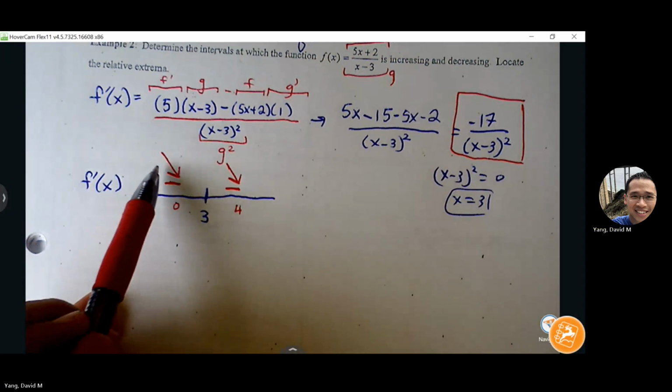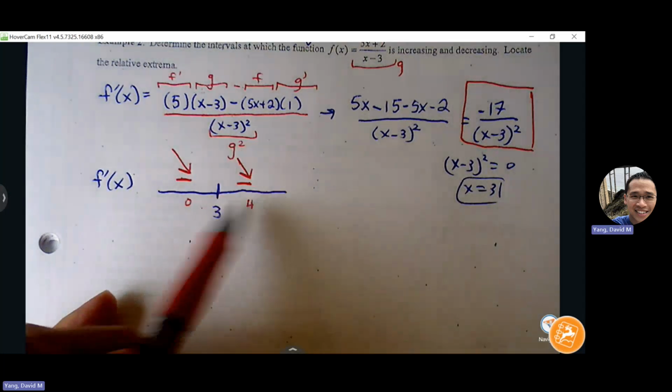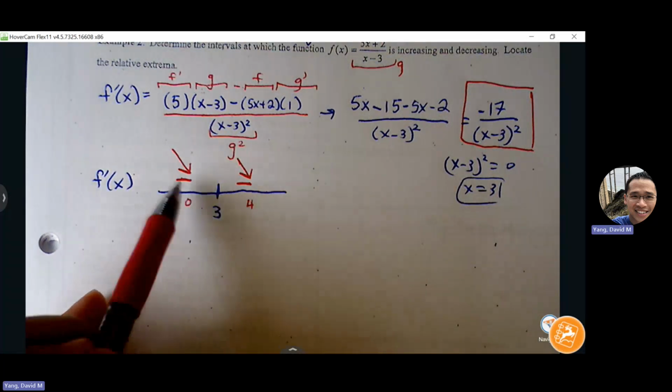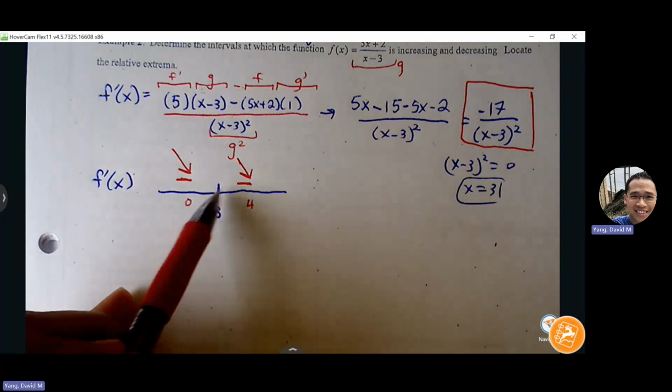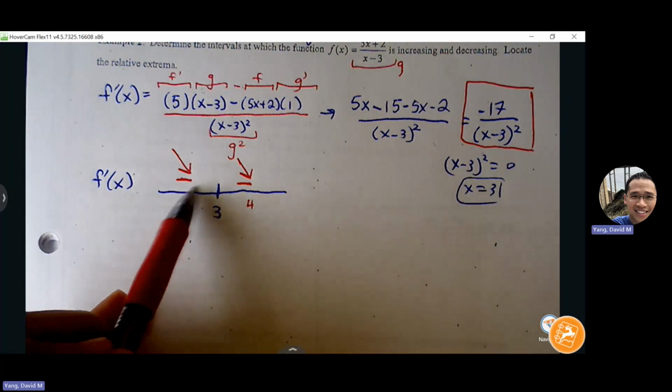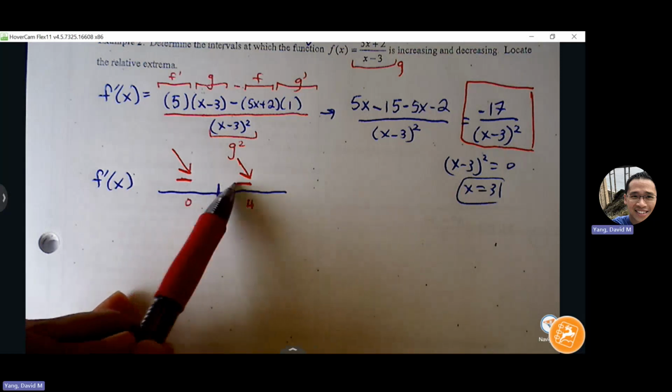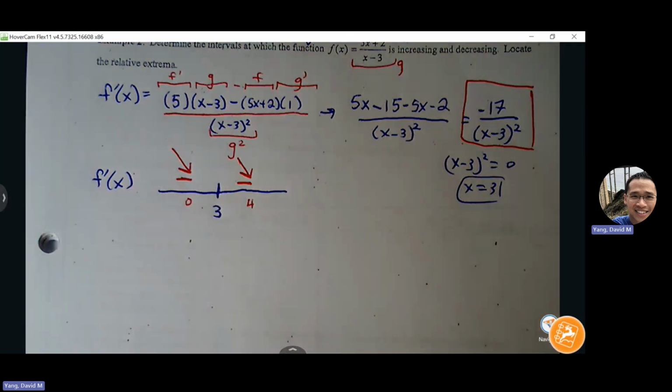Now, typically I would say don't merge. This one, you definitely can't merge the two behaviors and say, oh, I'll just say from 0 to infinity, because there's an asymptote there. There are times when you can merge two behaviors together into one statement. But I would say, just to be safe, if you always separate your intervals of decrease and increase, you're never going to run into trouble.